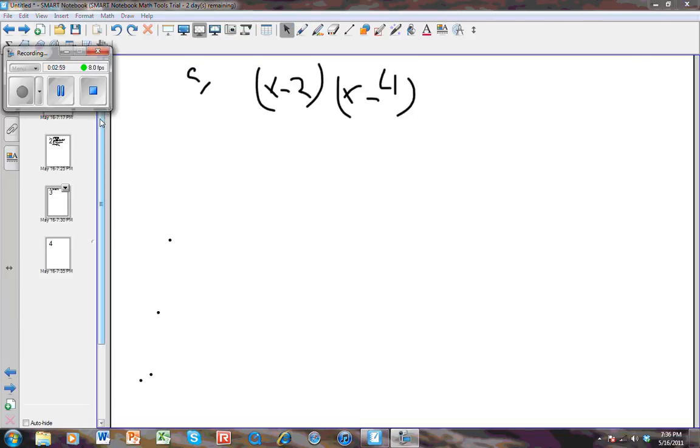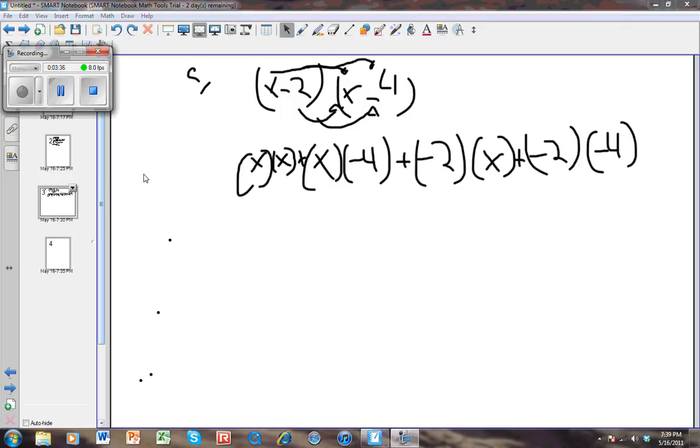Okay, so the next question is x minus 2 and x minus 4. I'm just going to do the same thing I've been doing. So x times x, x times negative 4, negative 2 times x, negative 2 times negative 4. Then I'm just going to write this out again. Okay, so I've written that up, and this is expanded.